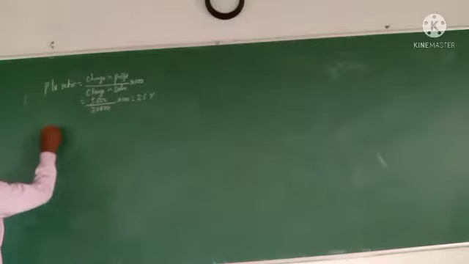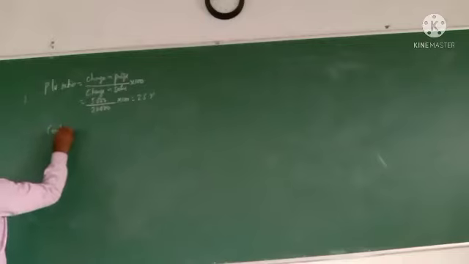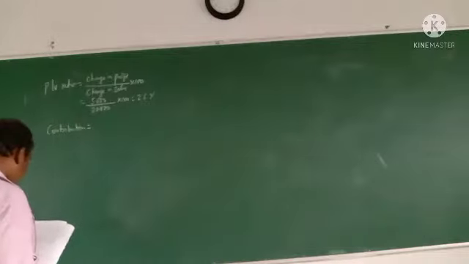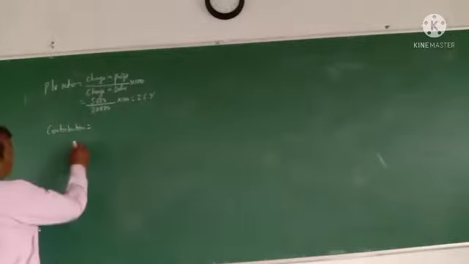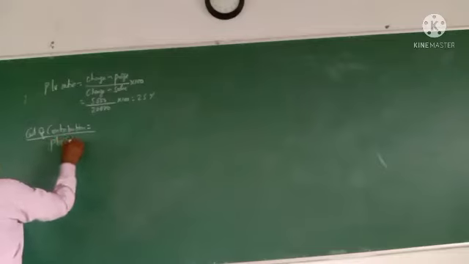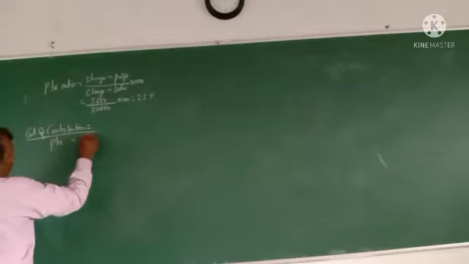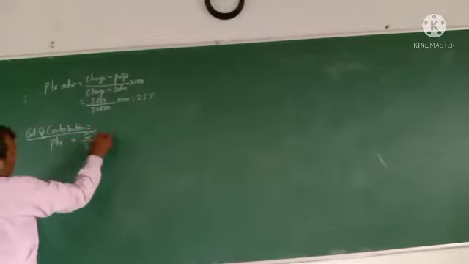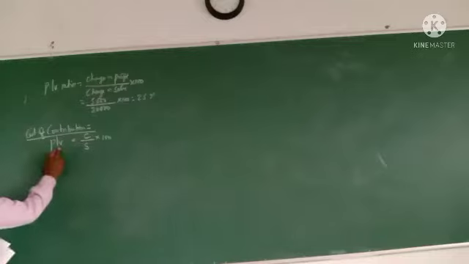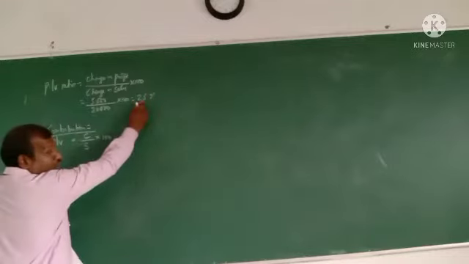Now we have to calculate the contribution by applying the first formula of the PV ratio. PV ratio equals contribution divided by sales into 100. PV ratio now we have as 25%.